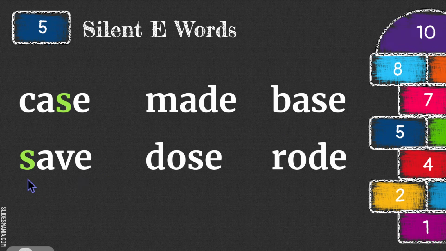Base. Save. Dose. See, the silent E doesn't care what the vowel sounds. It works with O as well as A, and it works with E, I, and U as well. Rode, road.